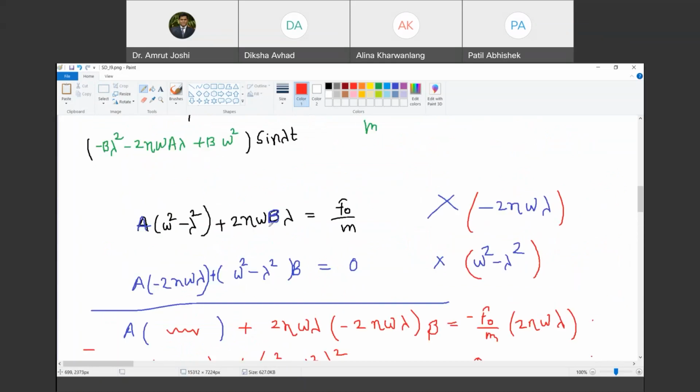Now substitute this value of b in any one of these equations. So let us take this equation.